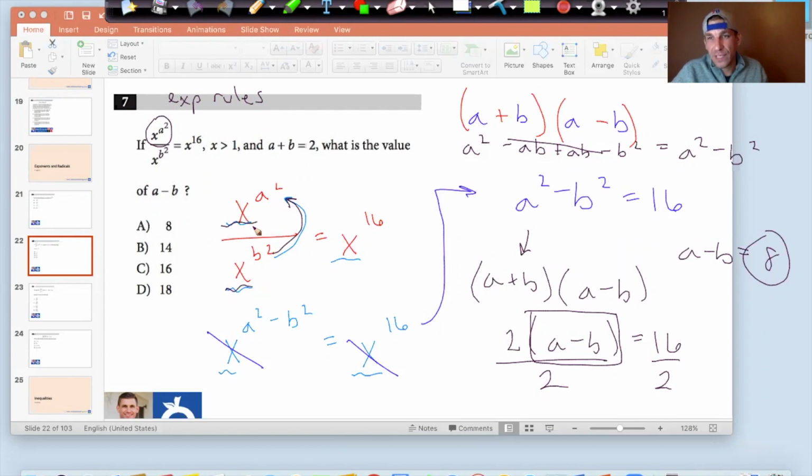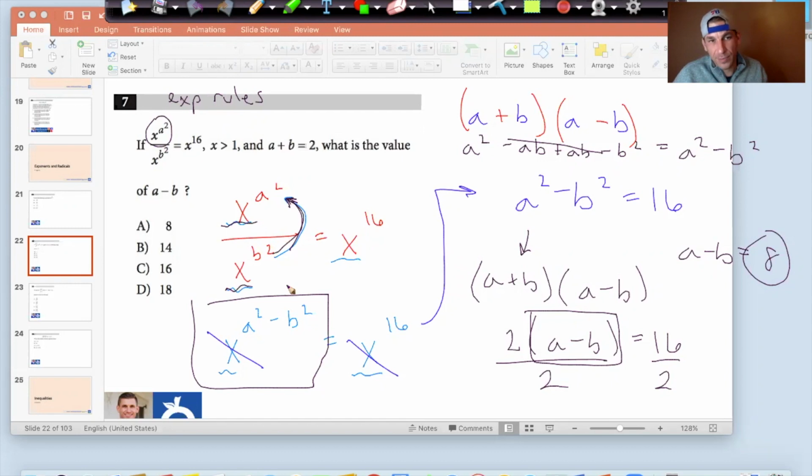If they don't have the same base, the SAT will normally give it to you in the same base, or you find a way to get them to be in the same base. Given that these do have the same base, always be prepared to get them on the same fraction line. So this is going to simplify to become x to the a squared minus b squared.